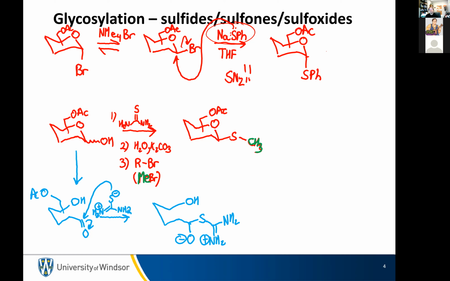Then this is weird, because sulfur is a second row element, it can adopt angles that normal healthy elements don't want to adopt. So if we do that, we make a four-membered ring, which as a carbon chemist makes me very uncomfortable.